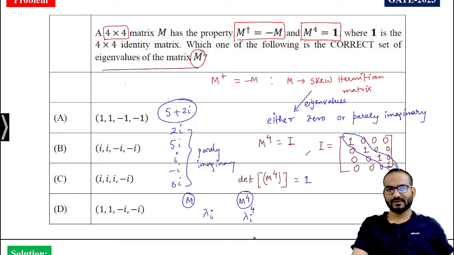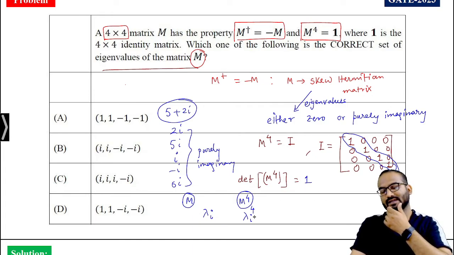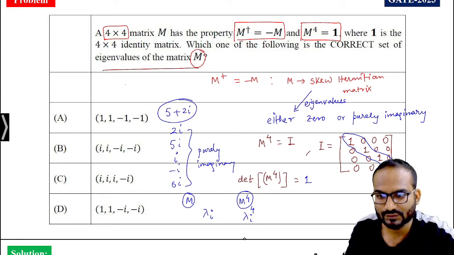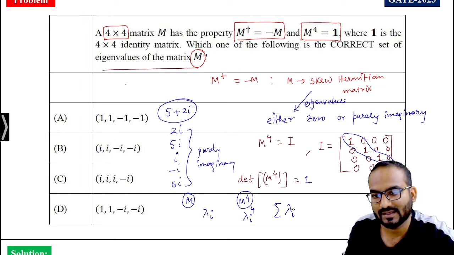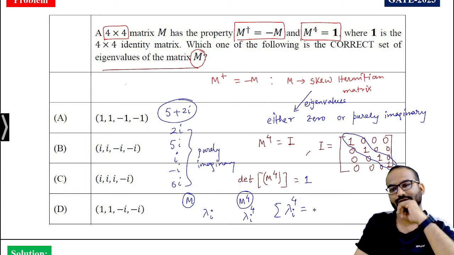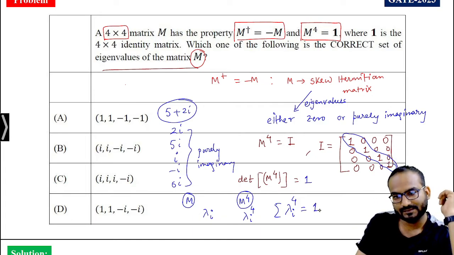Now for this, determinant of M to the power 4 is equal to I, so the product of lambda i to the power 4 is equal to 1.